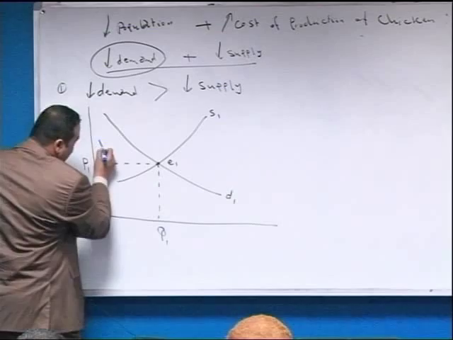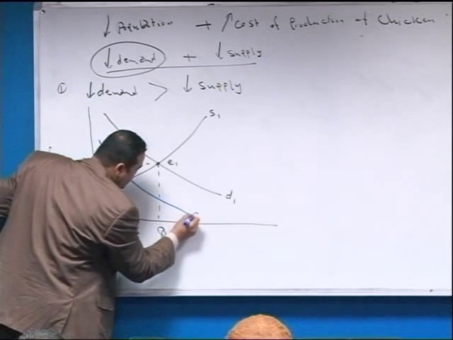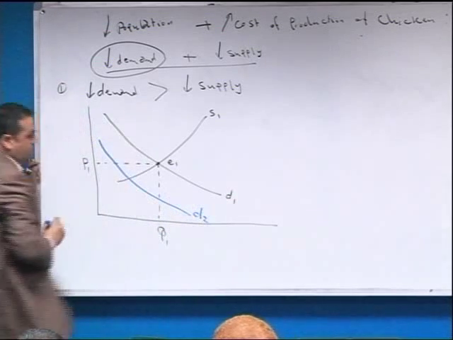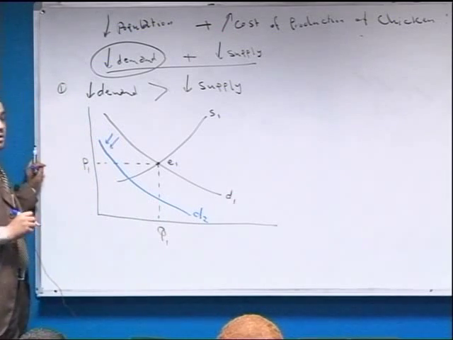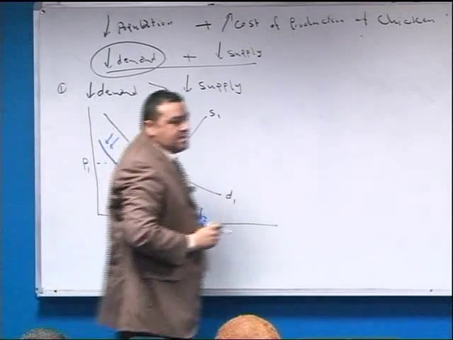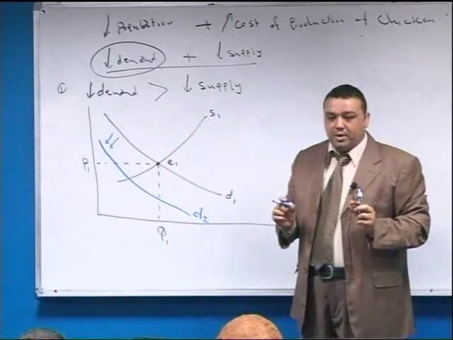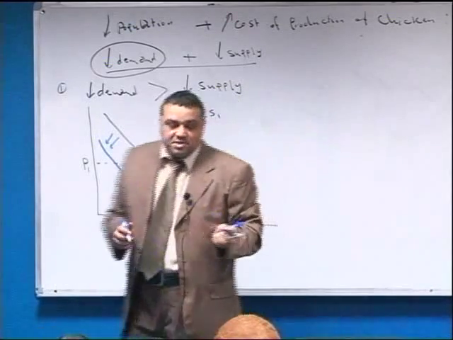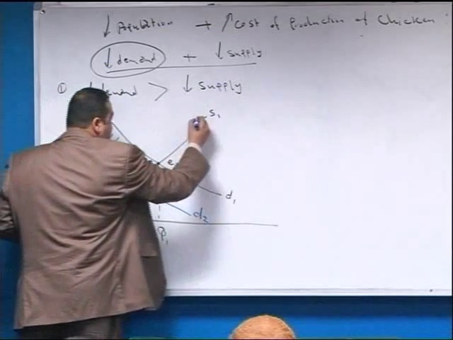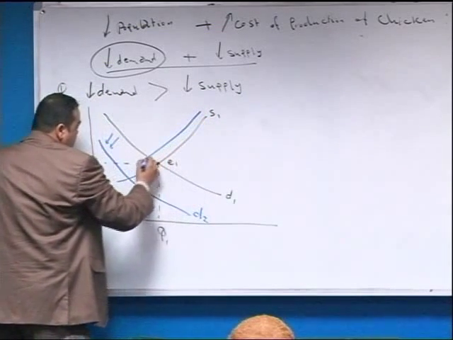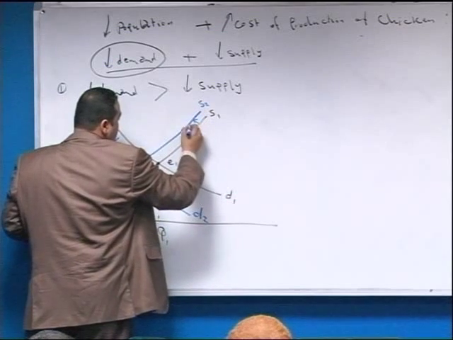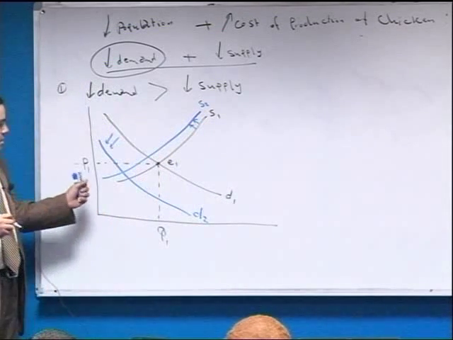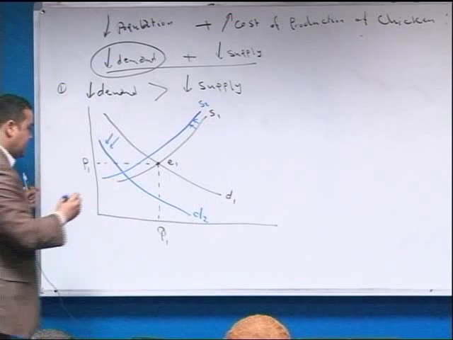So there is a leftward shifting of demand curve to D2. And there is a declining in supply with a smaller amount. So yes, there is a leftward shifting of supply curve. This is S2. The new equilibrium point is E2.